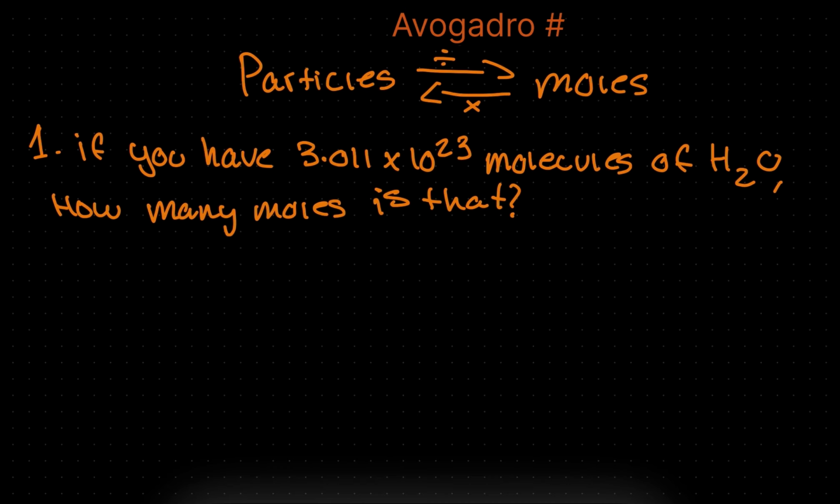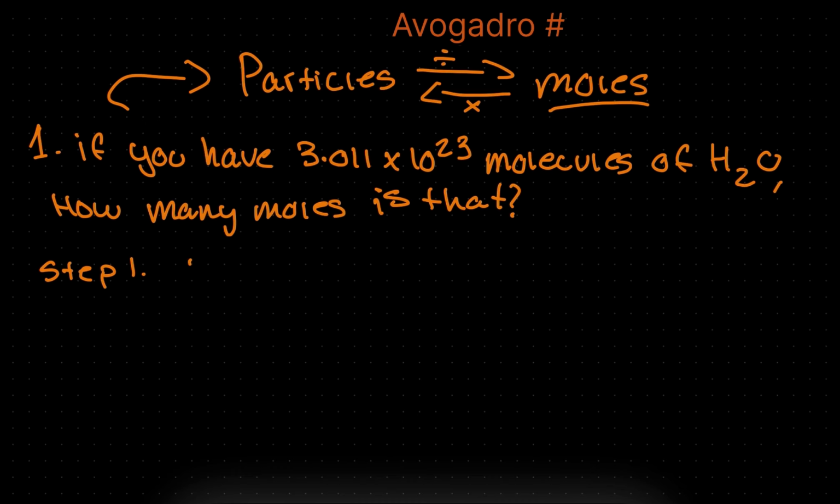So let's go through the steps. Step 1. We have to divide the number of molecules by Avogadro's number, as seen over here. We have molecules, which is particles, right? And you want to divide by Avogadro's number to get to moles, right?